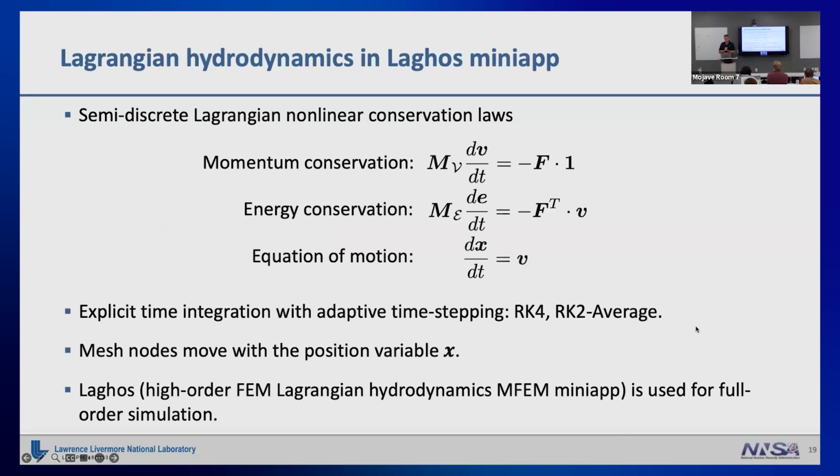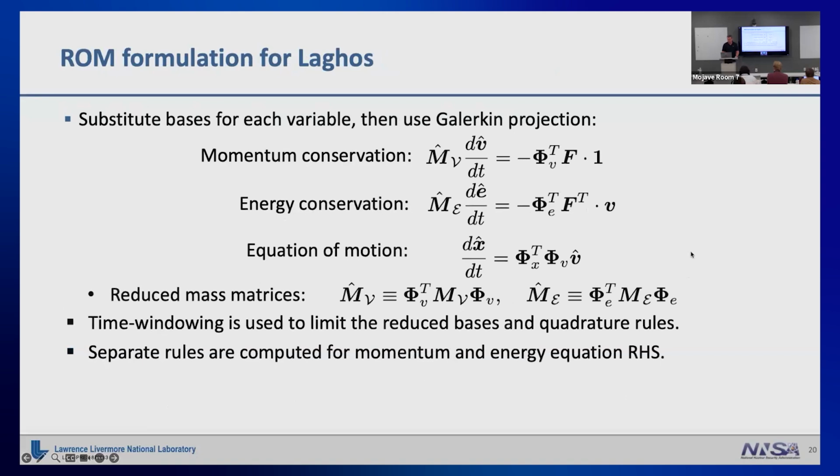We applied this to the Laghos mini app. Here we have three unknowns: velocity, position, and energy, with these conservation equations and an equation of motion. We saw some examples of Laghos in previous talks. Basically, we compute a reduced space for each of those three variables.